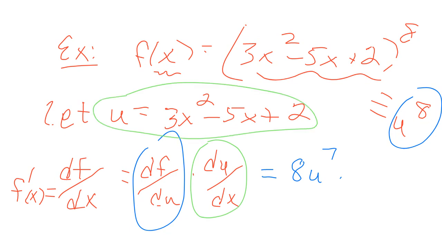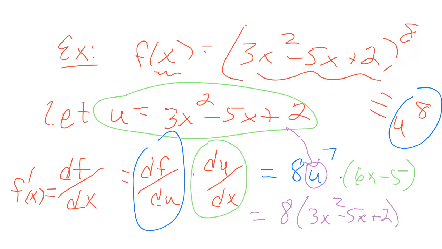The derivative of u with respect to x is going to be 6x minus 5. And then, of course, we can back substitute and put in what u is. So this ends up being 8 times the quantity 3x squared minus 5x plus 2 to the 7th power times 6x minus 5.